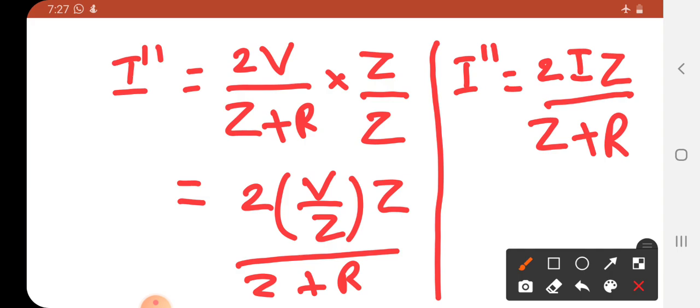So now let us find V dash. How do we find it?